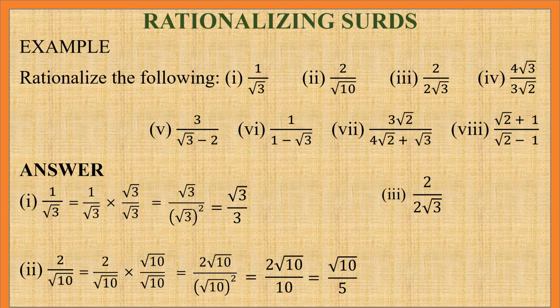For number III, we have 2 over 2 root of 3. First of all, we can see that the denominator here is different from the denominator in examples I and II. There is a number standing in front of the root of 3.